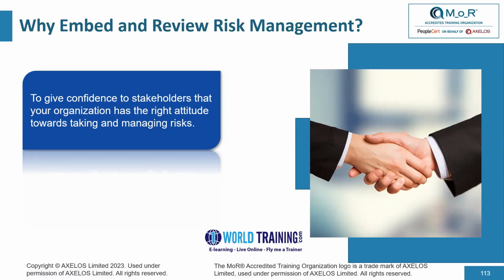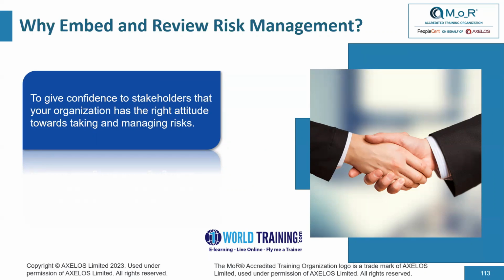An organization's approach to risk management reflects its core values and communicates to stakeholders its attitude towards taking and managing risks. An unmanaged approach will lead to reactive management of risks as opposed to proactive management. This may lead to stakeholders feeling less confident about the organization's ability.